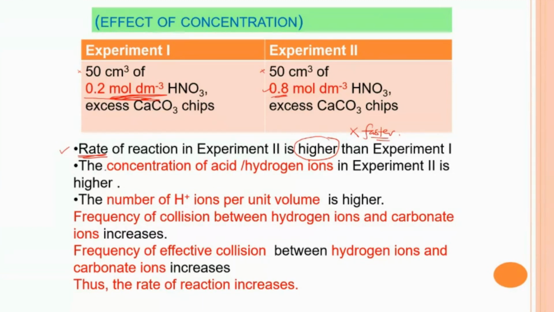Okay, how to explain using the collision theory? Then we mention the concentration of acid in experiment 2 is higher. Then the number of hydrogen ions per unit volume increases. The rate words are important. Then after that, frequency of collisions between hydrogen ions from the acid and calcium carbonate. Sorry, this one is wrong, not carbonate ions.